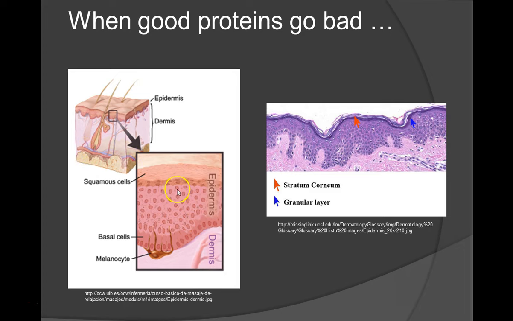Okay, each one of these little circles, we're going up close to the skin, each one of these circles is a cell of the skin. Okay, and they're held really tight together by proteins. Proteins help lock those cells together.